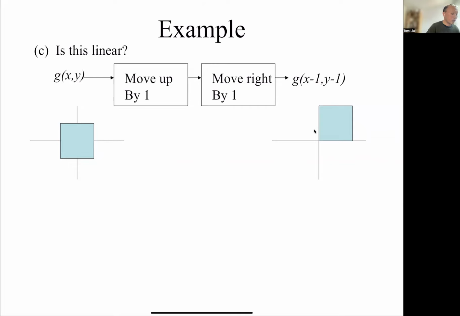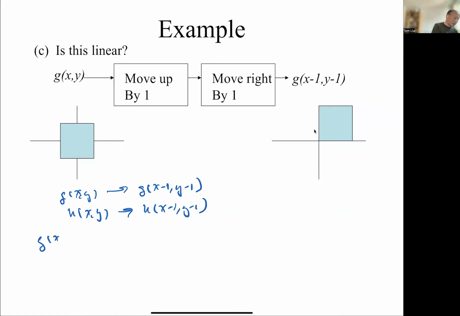So we're going to look at it two ways. One is just from the math point of view, and the other is looking at it more pictorially. So we know if we have g of (x, y), that's just going to give me g of (x minus 1, y minus 1), right? And if I had h of (x, y), that would give me h of (x minus 1, y minus 1), right?